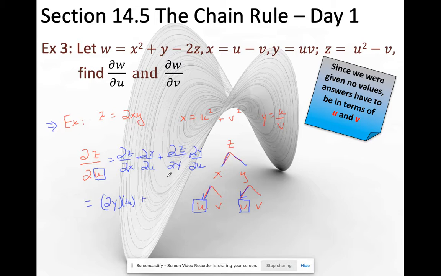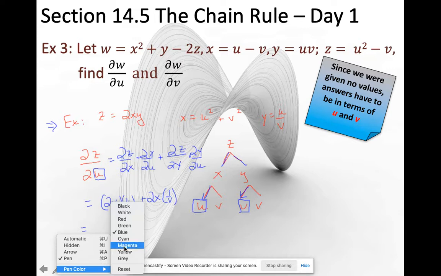Partial Z, partial Y is 2x. Partial Y, partial U is just 1 over V, right? But this time I must replace. So who do you have to replace?